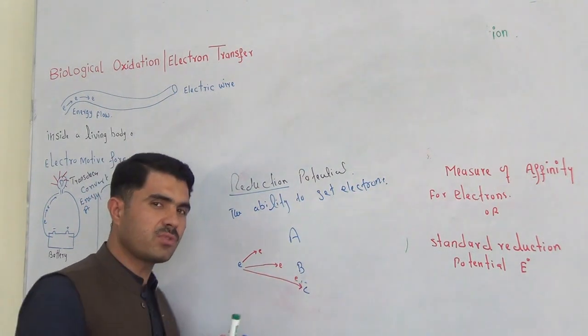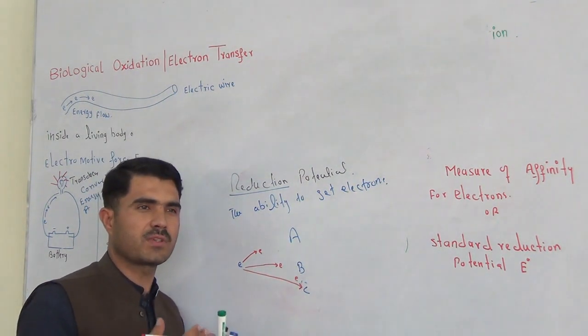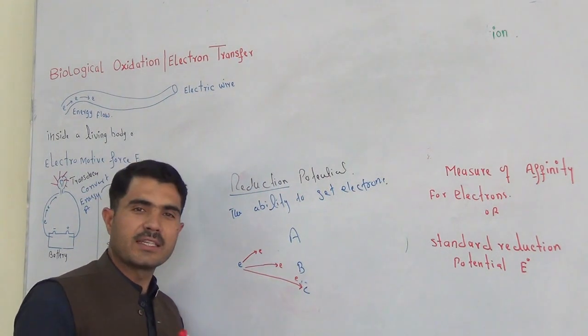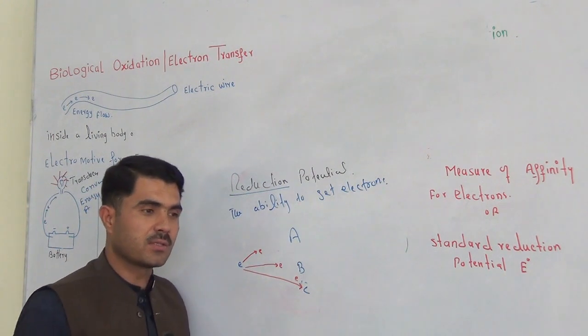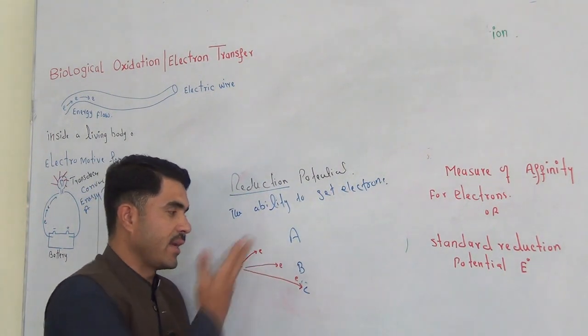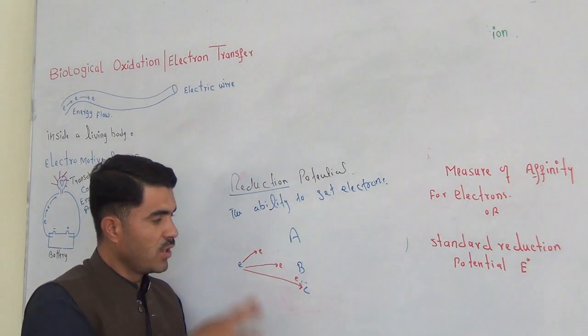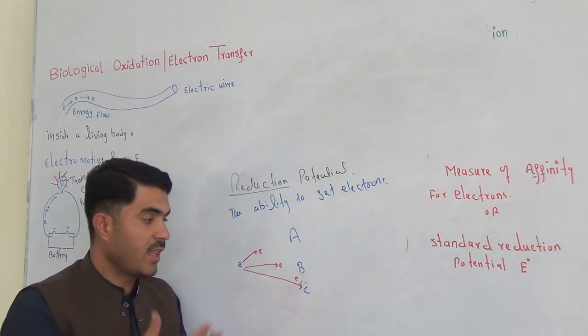So being a student, what would you suggest? What would you think about this? Definitely we think that C has stronger affinity to get electron, B lesser, and A even lesser. So these are the relative affinities that we have.